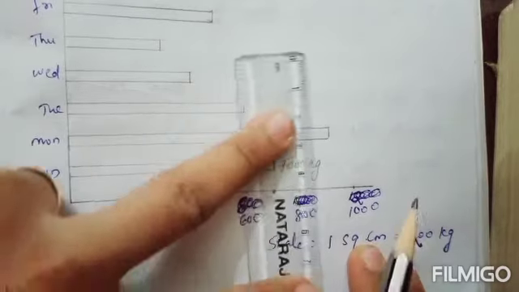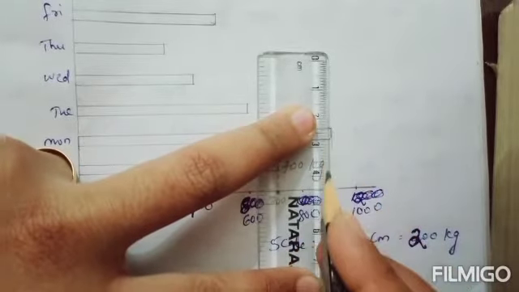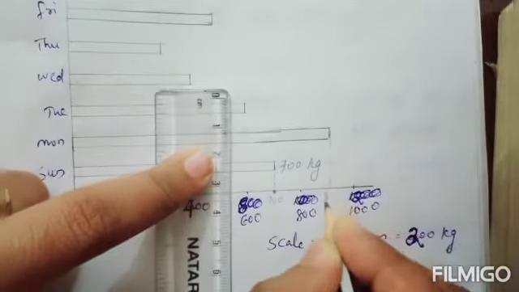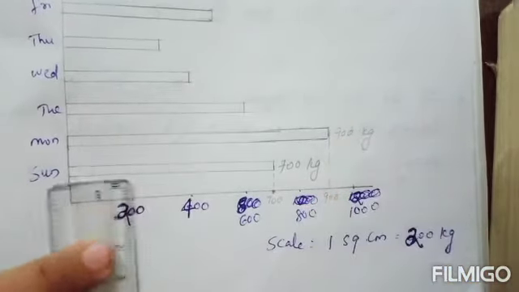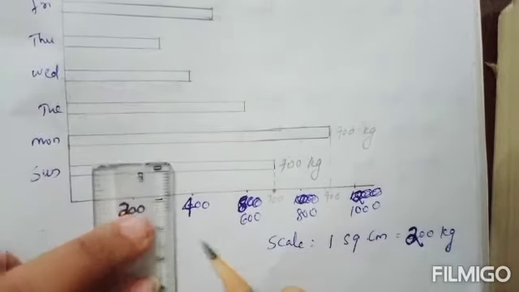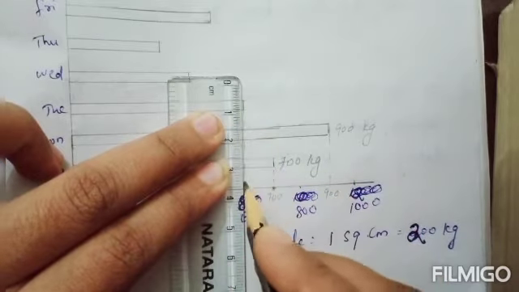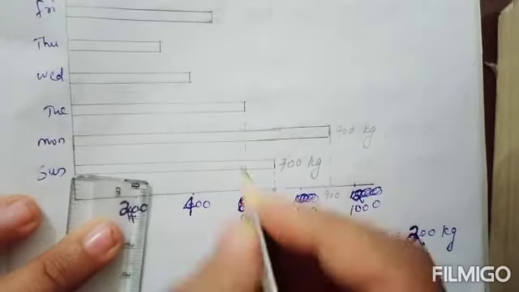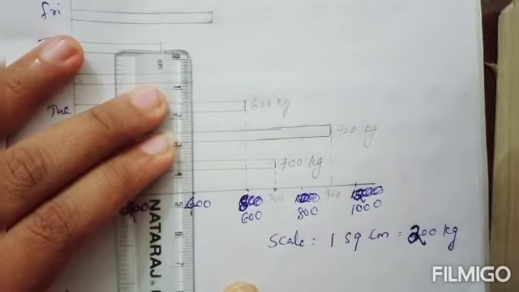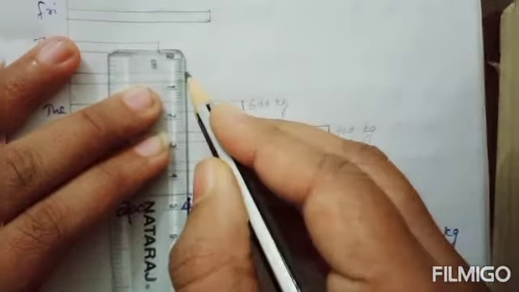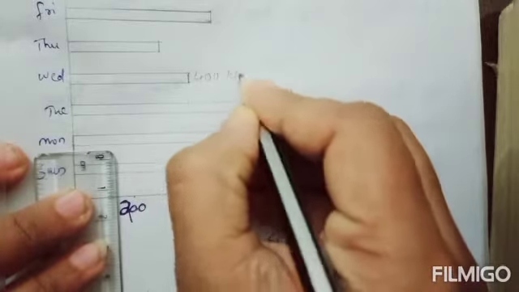On Monday you can see it is in the middle of 800 and 1000. In the middle it will be 900. You can take the middle value here, 900 kilogram. Tuesday it is 600. It touches the point 600 on the horizontal axis, so this is 600 kilogram. Now Wednesday, it touches at 400, so this is 400 kilogram.